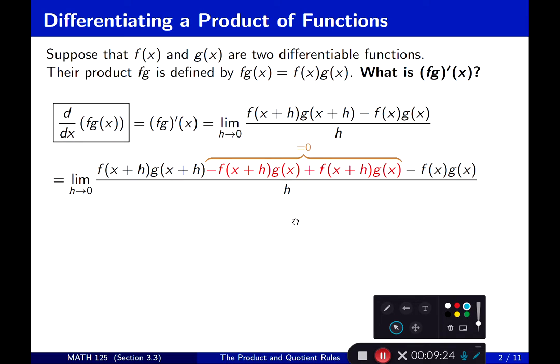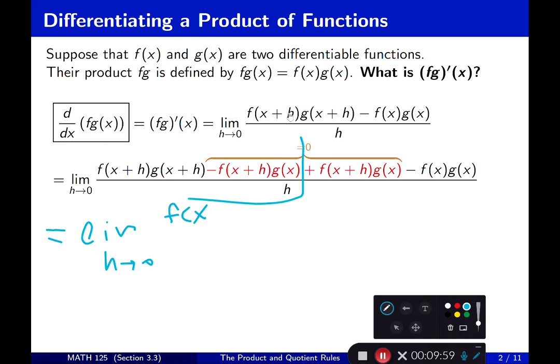Then when I do this, I notice that the term I add and subtract has one common factor with this side, and one common factor with that side. So now what makes sense is to factor that common part.